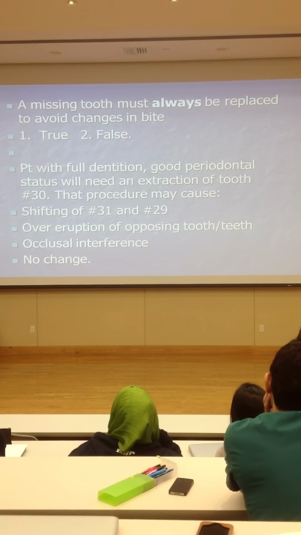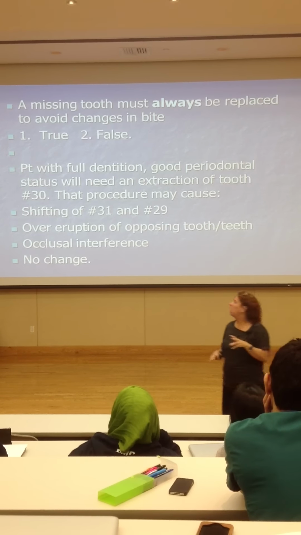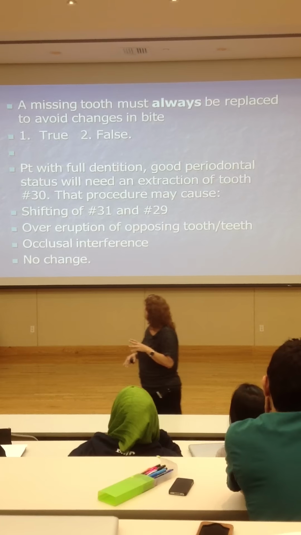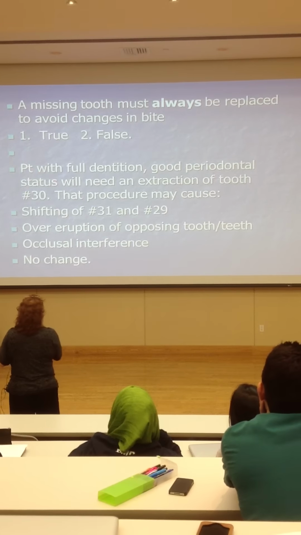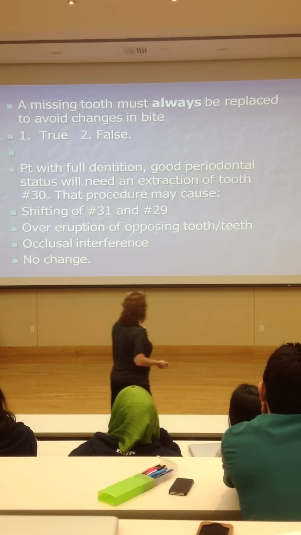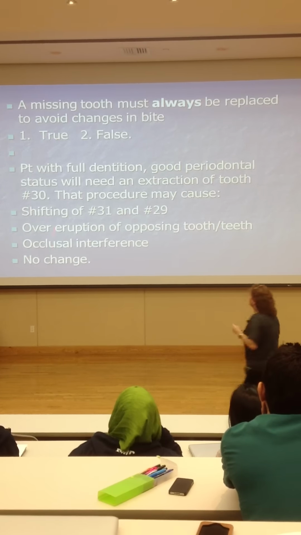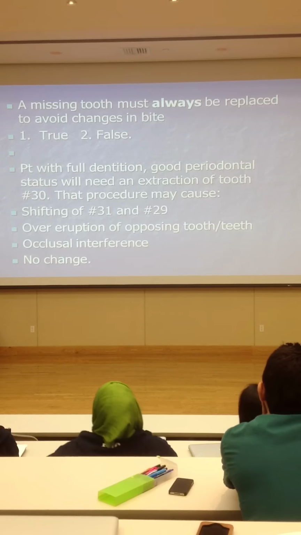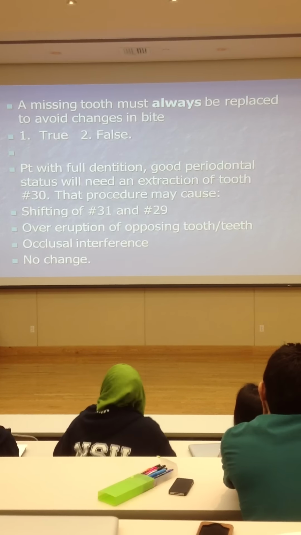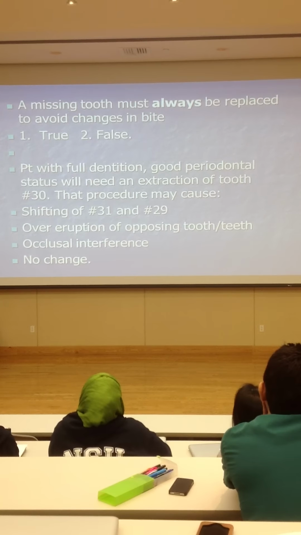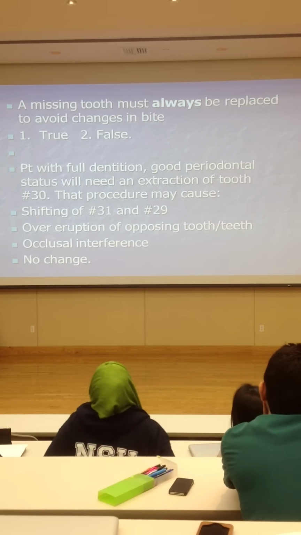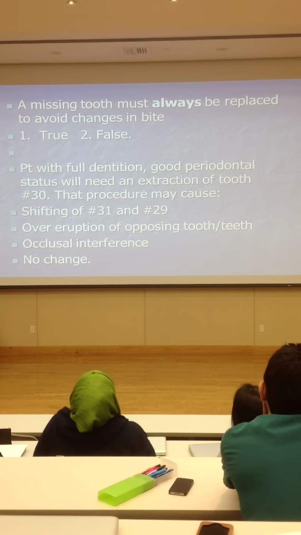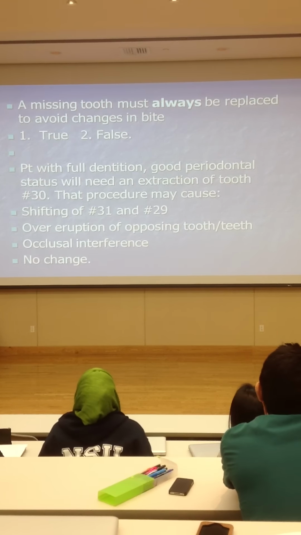Let's say we are extracting, what is it here? Number 30. What can happen? We have A, B, C, or D. Over-eruption of the opposing tooth?